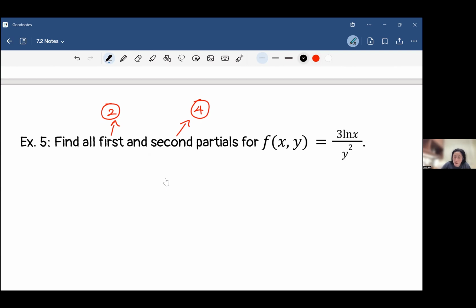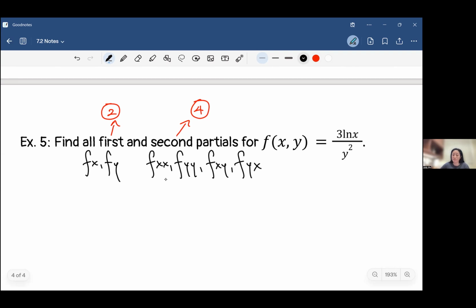And we could even list them out for ourselves. Like, I better find fx and fy. And then for my second partials, fxx, fyy, fxy, and fyx.